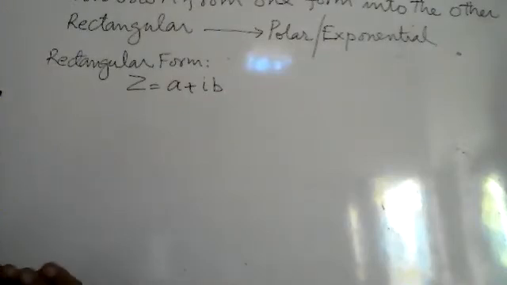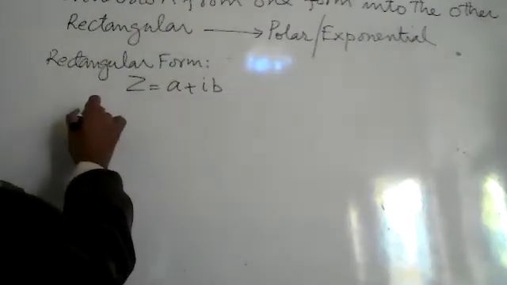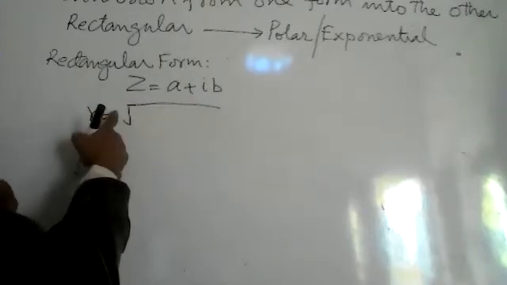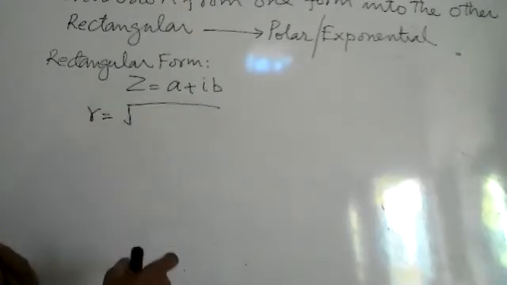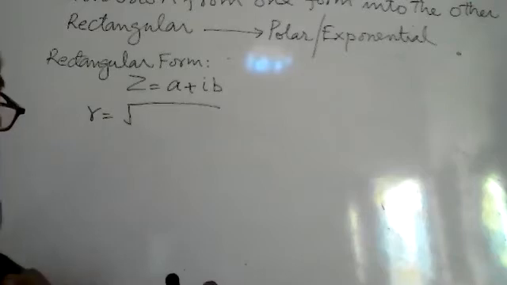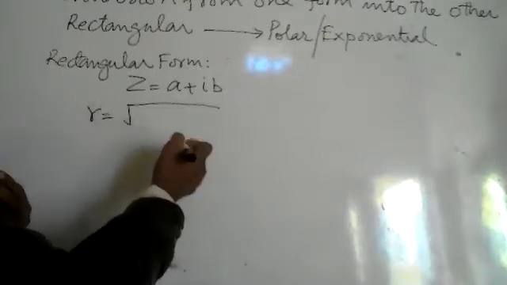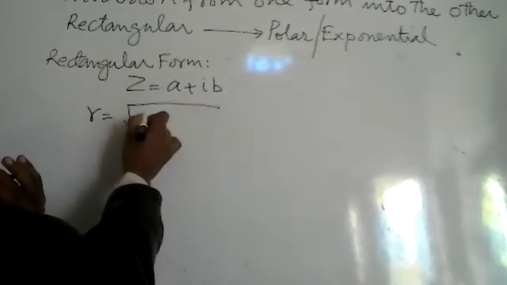So first of all, we'll find r. r will be equal to under root, positive under root. Don't write plus minus. We are taking the mod. Mod will always be positive. Only plus under root.